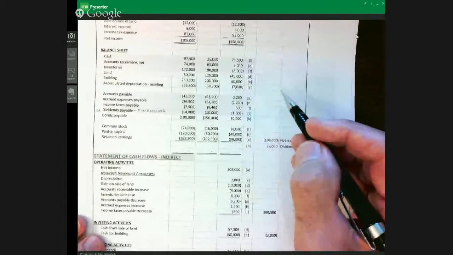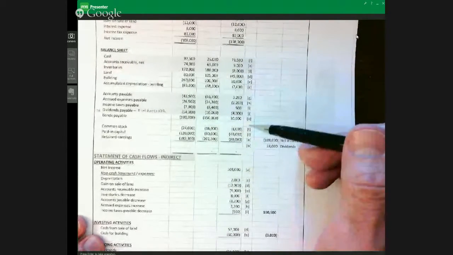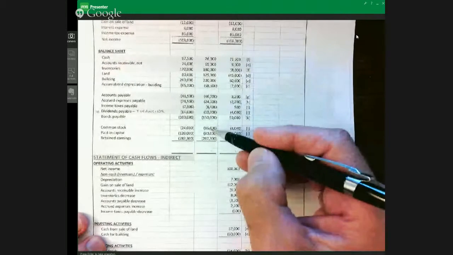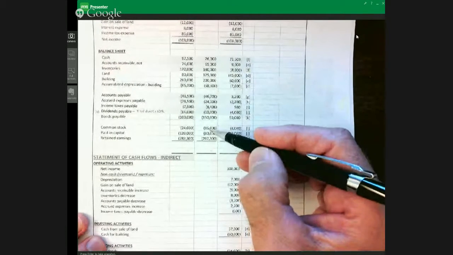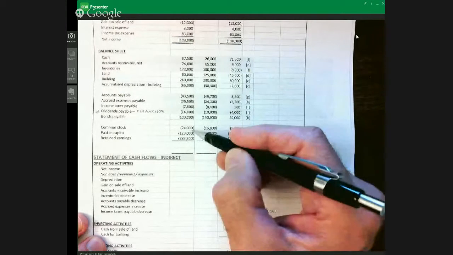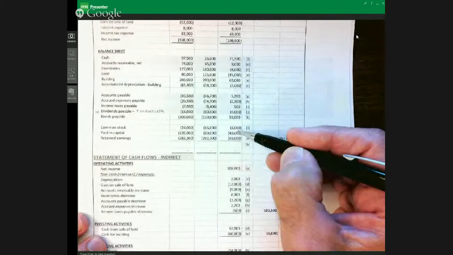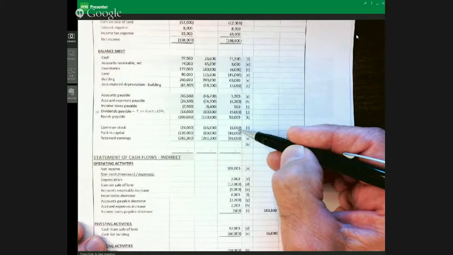Going on to the remaining accounts in the equity area of the balance sheet, common stock went from $16,000 at the beginning of the year to $24,000, so this account increased by $8,000. Common stock is a credit balance account that would be increased with a credit entry.